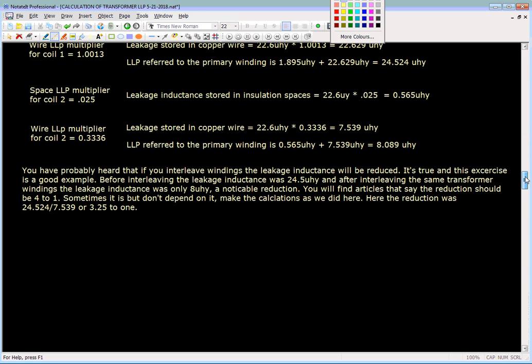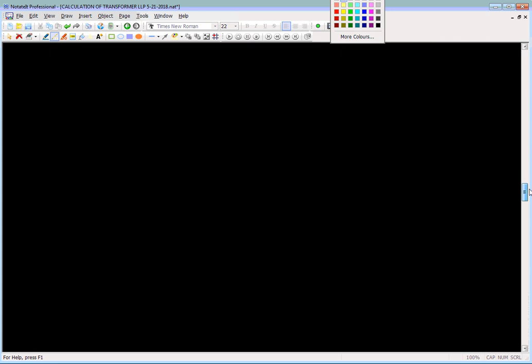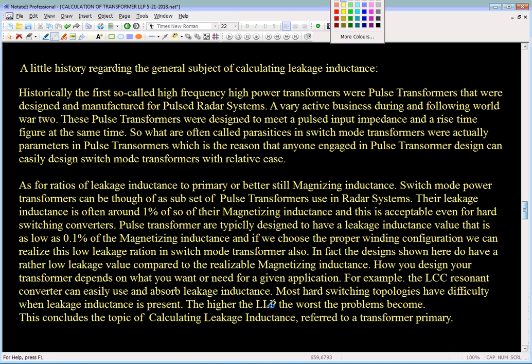Now in closing, time is almost up. Give a little history regarding the general subject of calculating leakage inductance. Historically, first so-called high-frequency, high-power transformers were pulse transformers that were designed and manufactured for pulse radar systems, and I designed them. That's actually where I learned to do this. A very active business during and following World War II.